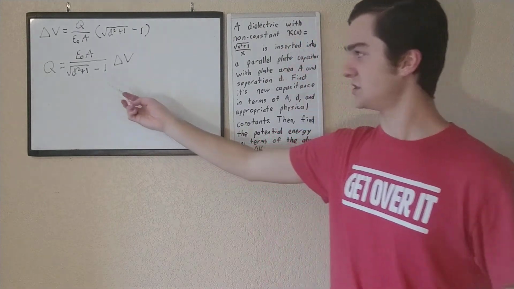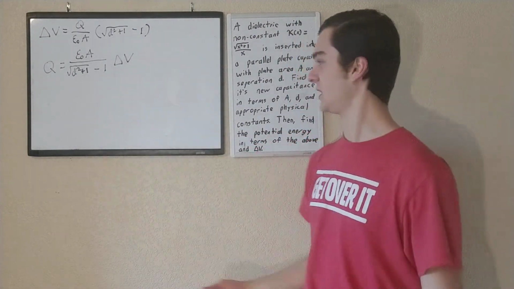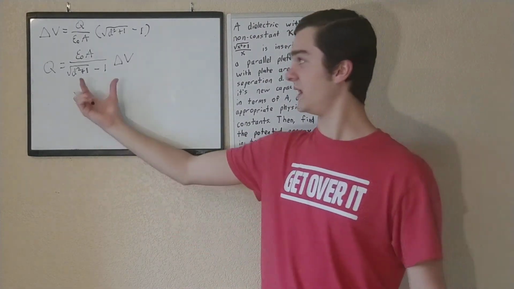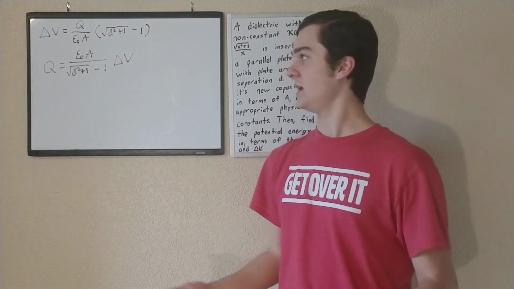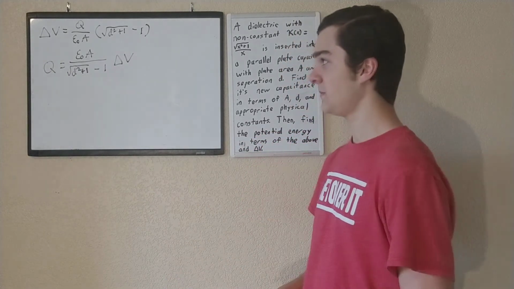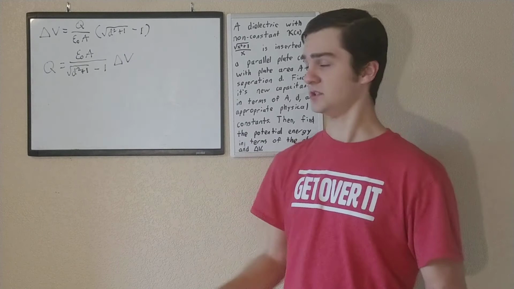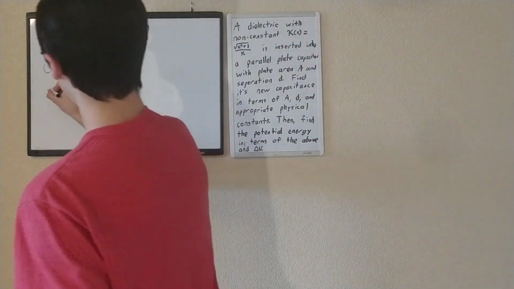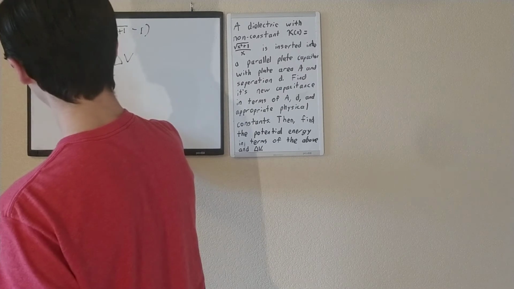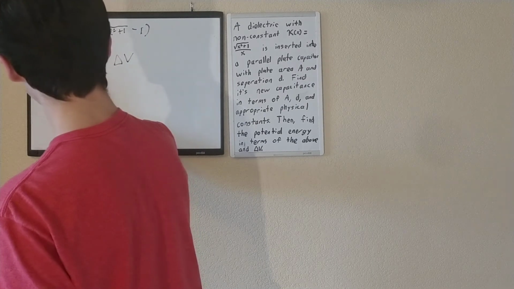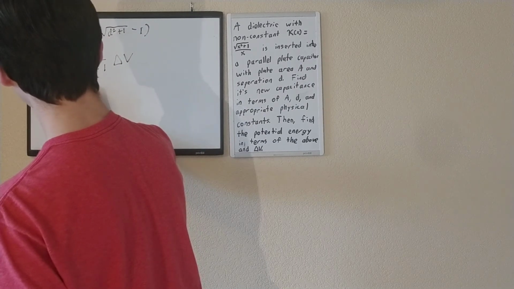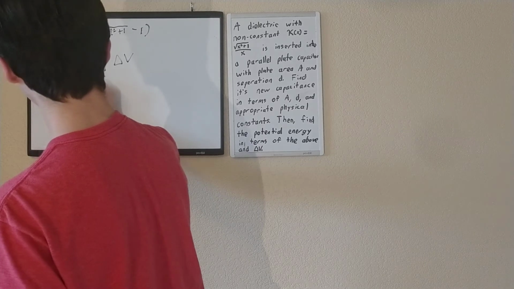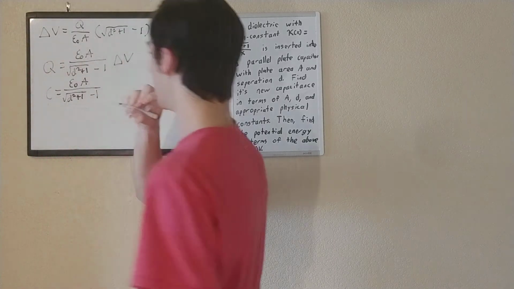And that leaves us with this term up front being our capacitance. Everything in here is a non-variable value, and so our capacitance is just going to be a number for whatever capacitor we have. So capacitance equals epsilon naught A over the square root of d squared plus 1 minus 1.